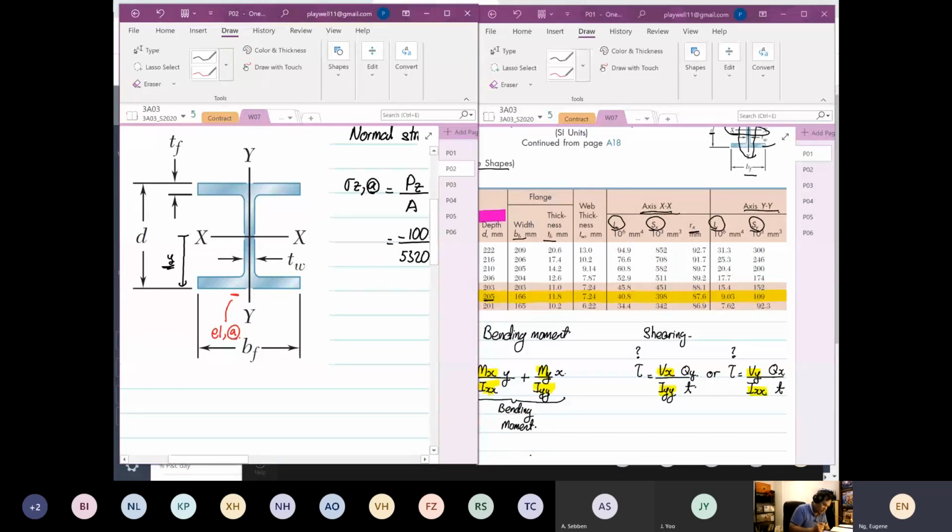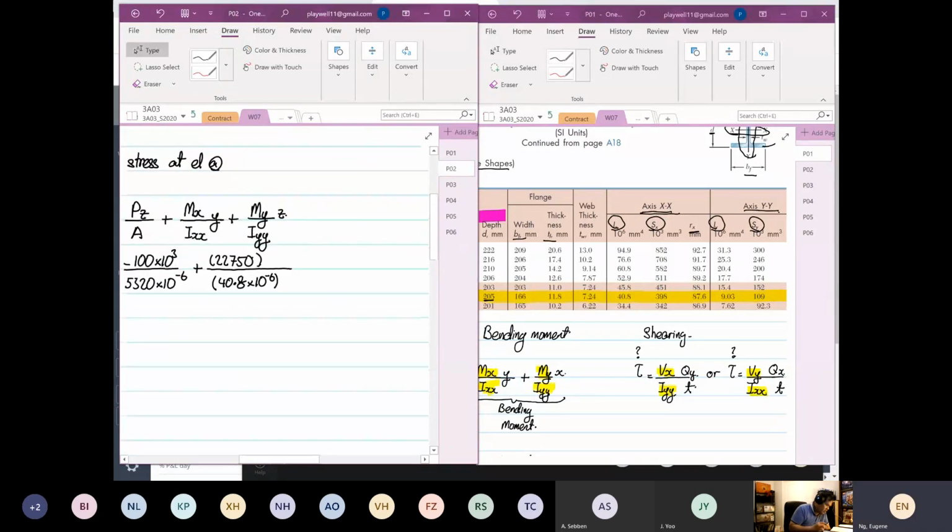So the y distance is d divided by 2. The depth d, we found out, is 205, so it's equal to 0.205 divided by 2.